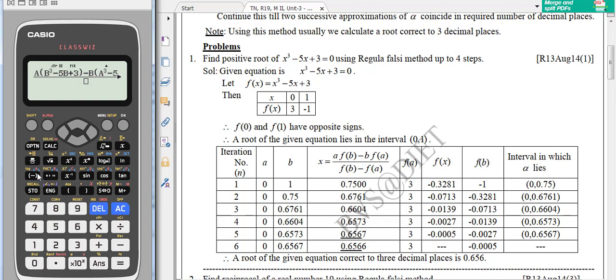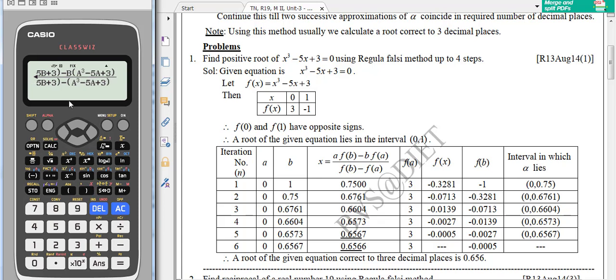This is divided by f of b minus f of a, where once again f of b is b cube minus 5b plus 3, and f of a is a cube minus 5a plus 3.